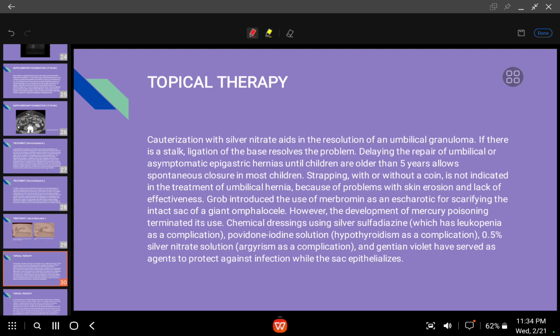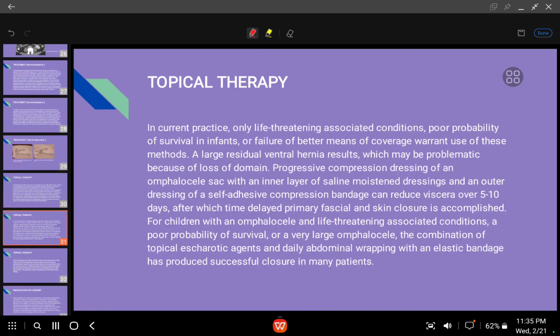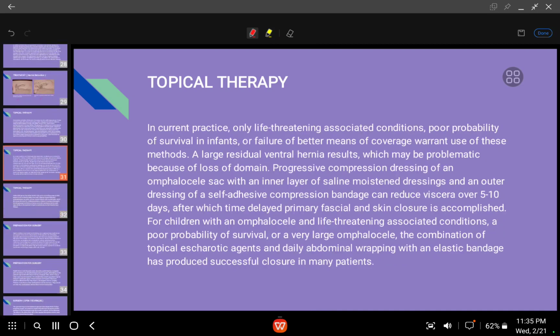Povidone iodine solution has hypothyroidism as a complication. 0.5% silver nitrate solution has electrolyte disturbance as a complication. And then gentian violet has served as an agent to protect against infection while the sac epithelializes. So this is again the topical therapy.